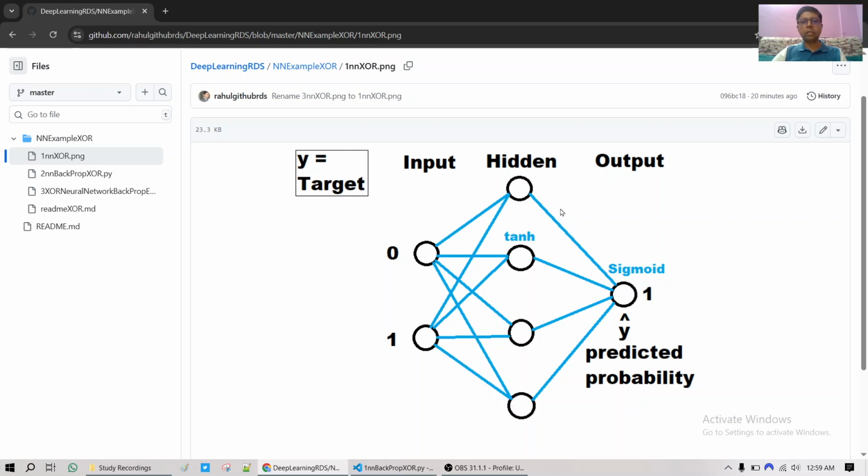So we adjust with that error the earlier weights and biases. We update those weights and biases so that in the next iteration, it will come up with better results, closer to the targeted value of the neural network.